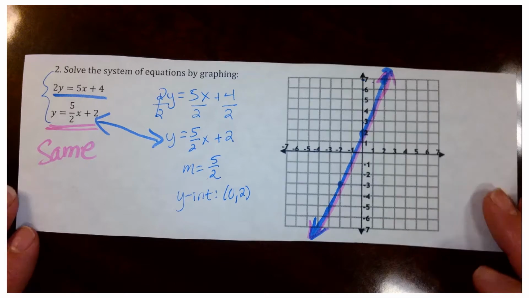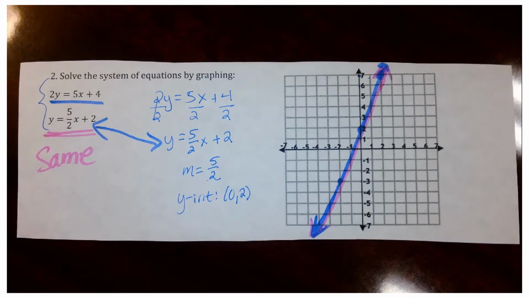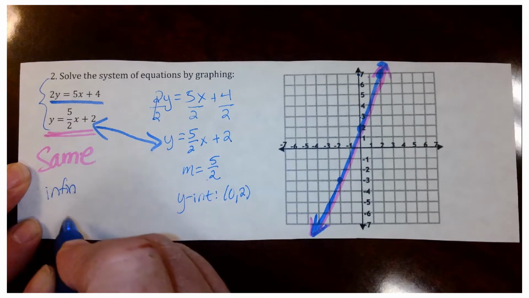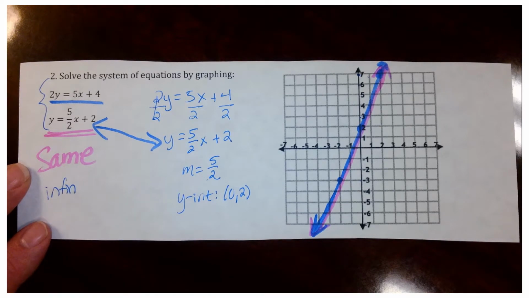If you're thinking about solving a system of equations graphically and where they intersect, these two lines intersect everywhere on that line. Every single point intersects. So the answer to this system is that there are an infinite number of solutions.